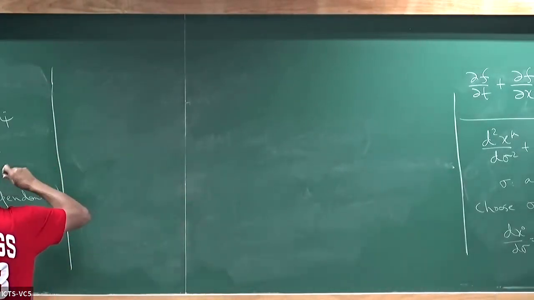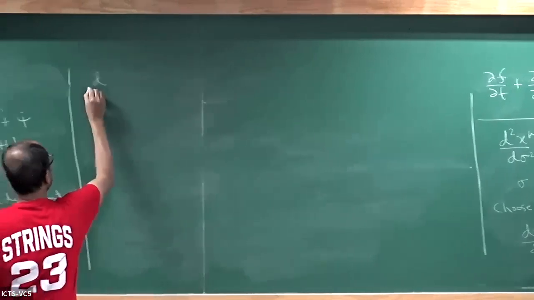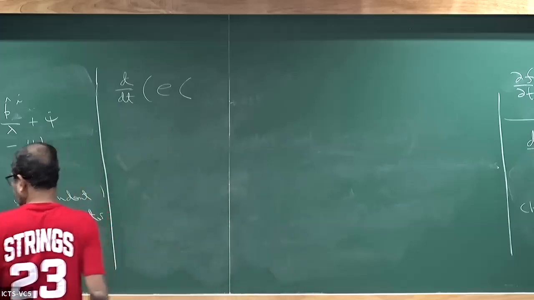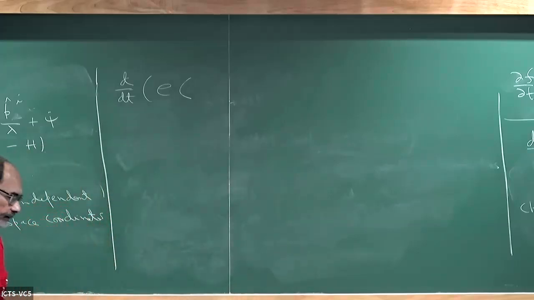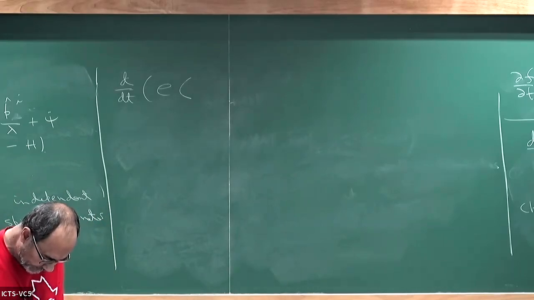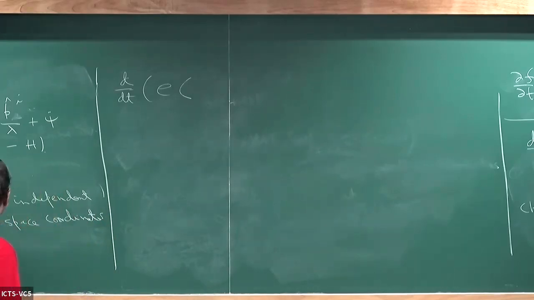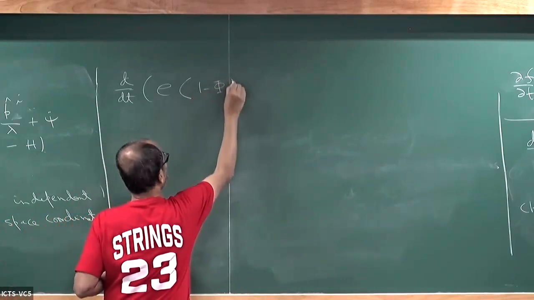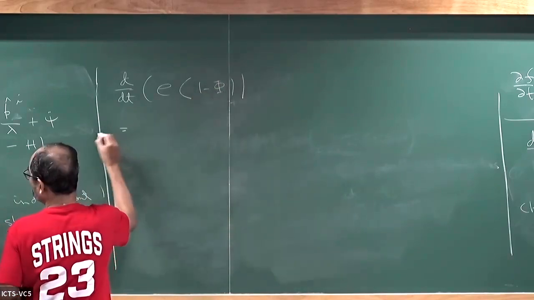So this gives you d/dt of E times (1 minus phi), since E0 was E times 1 minus phi, is equal to this.